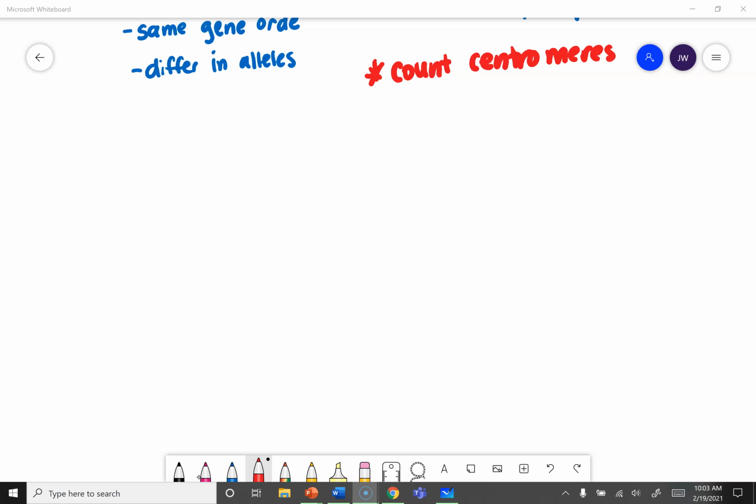So let's draw just a sample cell. I'm going to draw some homologous chromosomes. We're going to say the red and the pink are homologous, and then we're going to say the blue and the black are homologous. I'm just trying to get you some color so you can see sort of what's happening.